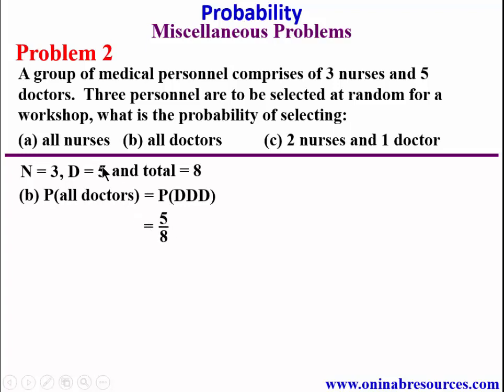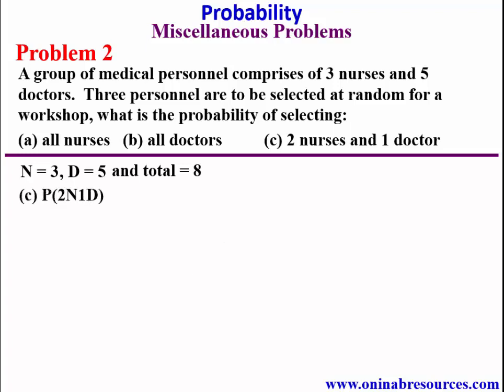And the next one will now be 4 over 7. That's times 4 over 7. And the third doctor will now be what? 3 over 6. So if we simplify this, we have the probability of selecting all doctors to be 5 over 28. Then we go to C part of the problem.